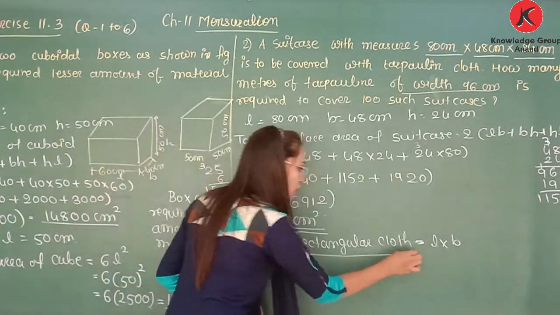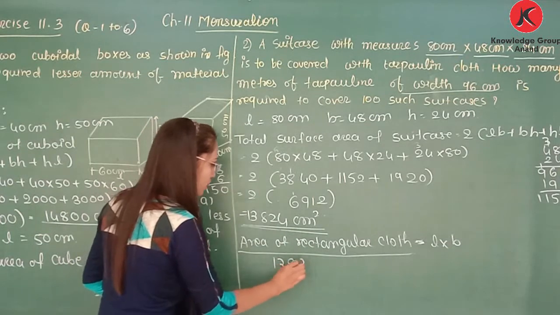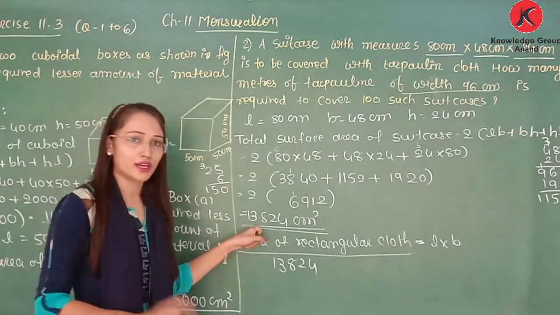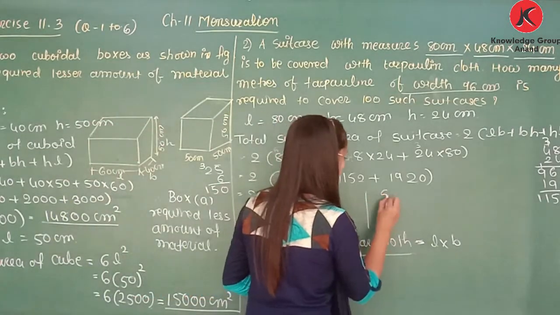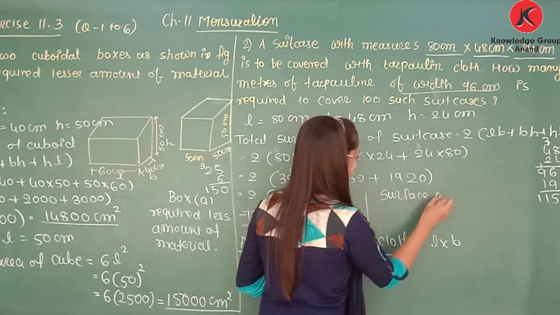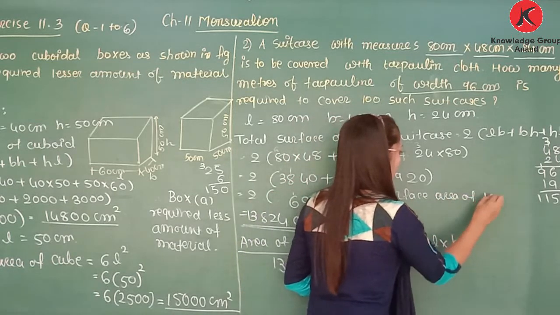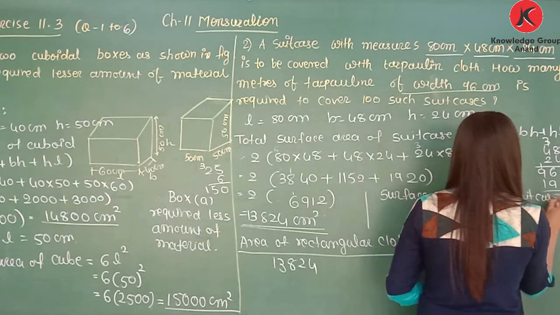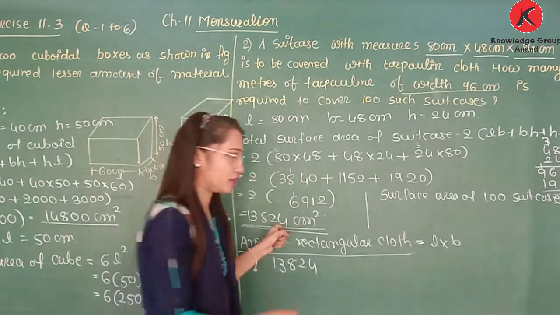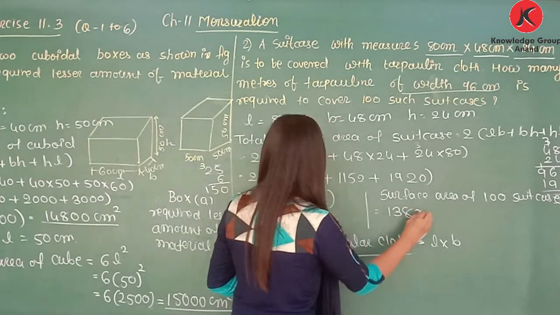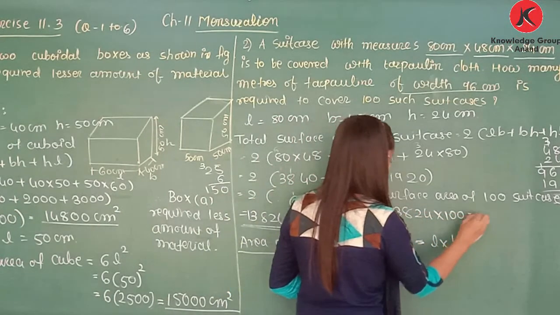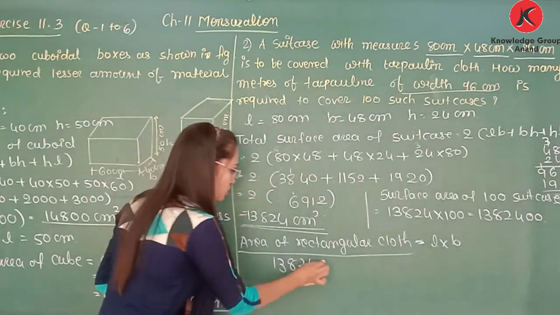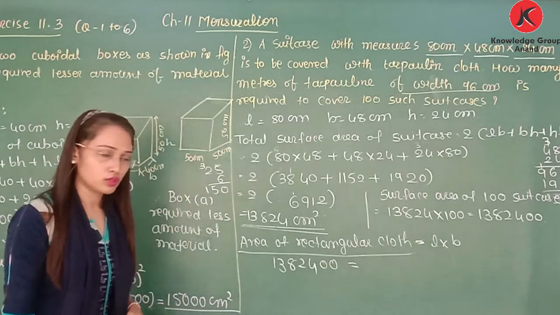It means the area of cloth must be 13,824 to cover this. But this is the surface area for one suitcase. So here we need to find the surface area of 100 suitcases. That is, multiply this with 100, so it is 1382400. So this must be the surface area of the cloth.